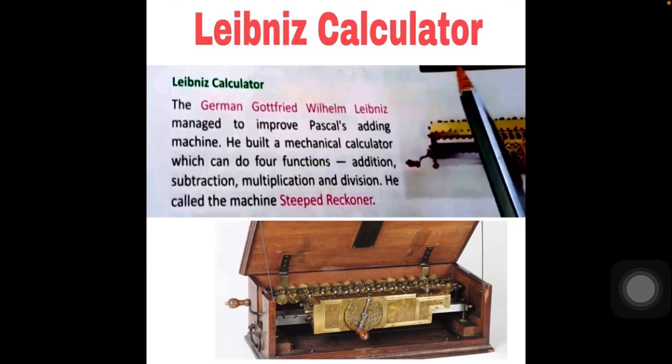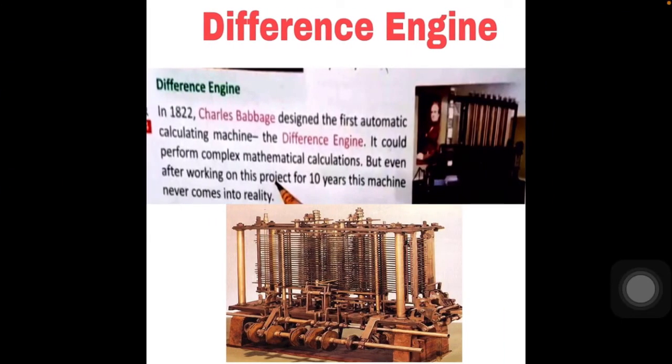So now after the Leibniz calculator, the next invention in the journey of the computer is the difference engine. This is not the last invention, but at that earlier time, it was the most advanced calculator ever. Until now, whatever machines we have discussed were all calculators, right?